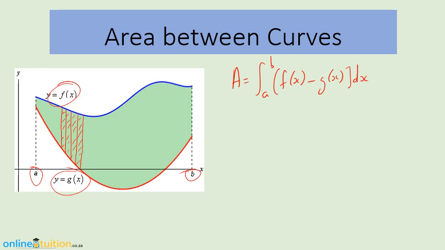So maybe in general, A is equal to the integral from a to b of f top minus f bottom dx. And that is exactly what we want you to do in tests and exams, not just for your school, but for university as well. Very, very powerful method, this one.